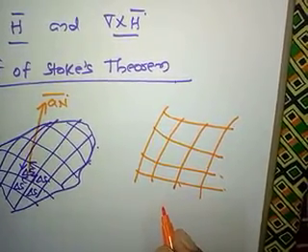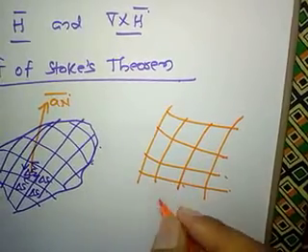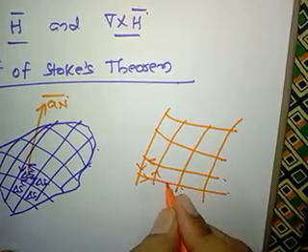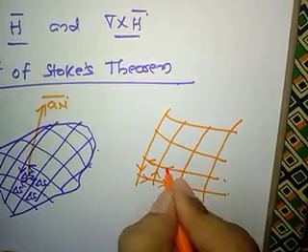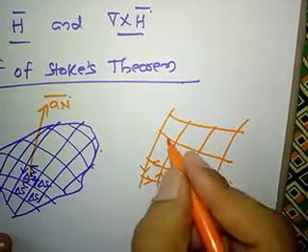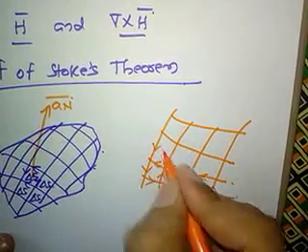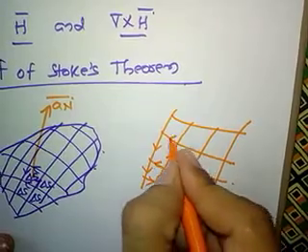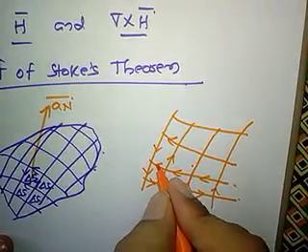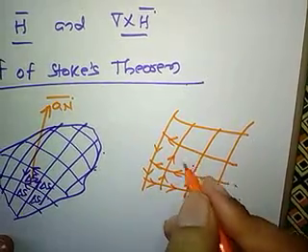The direction of the magnetic flux lines is a curl, so it is a closed path. Suppose it is flowing like this, then here, and like this. For this path it is the curl in the anti-clockwise direction.